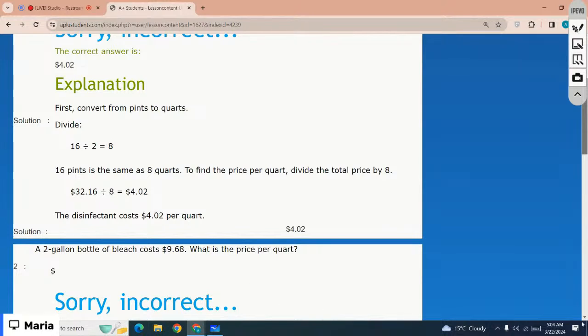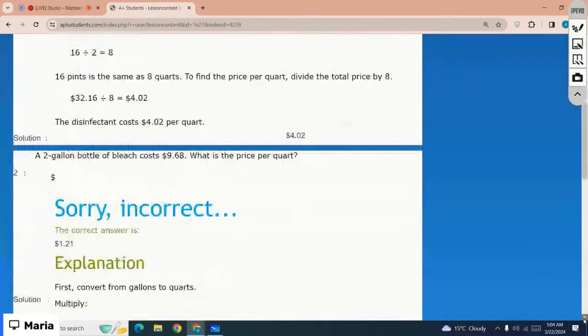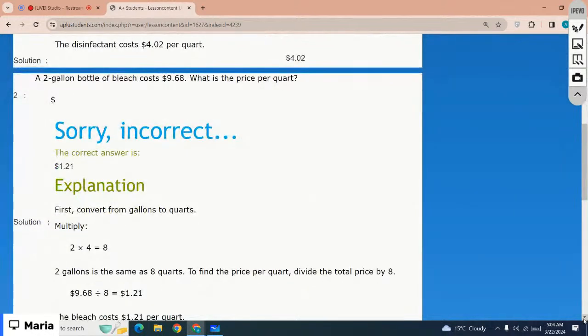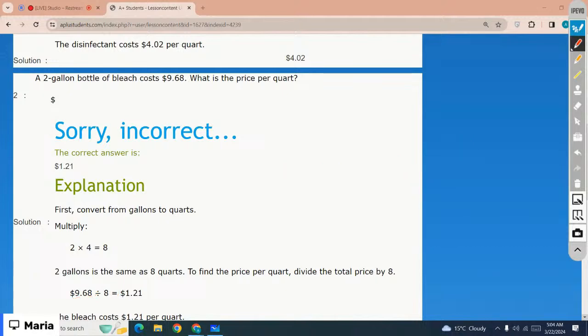For the second one, just look at the example. A 2 gallon bottle of bleach costs $9.68. So the price is given for the 2 gallon bottle, and you have to calculate the price per quart. 1 gallon equals 4 quarts.